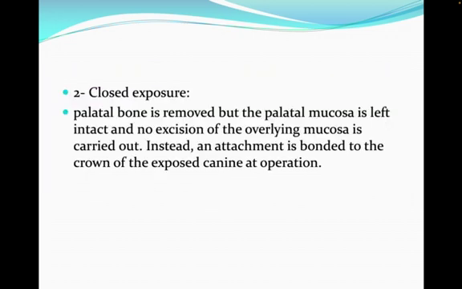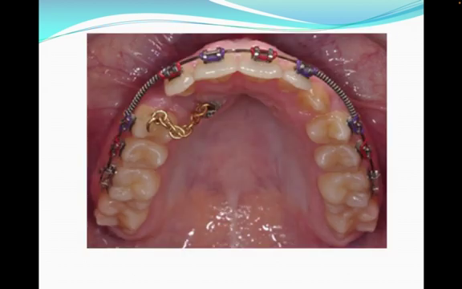The other option is to go for a closed exposure. For the closed exposure, we simply raise the flap, remove the bone, and then bond what we call a gold chain, like this one, to the canine, and then we start traction. The main advantage, if we compare the open to the closed one, is that in theory it's more comfortable for the patient because the patient will not go with a big open wound.